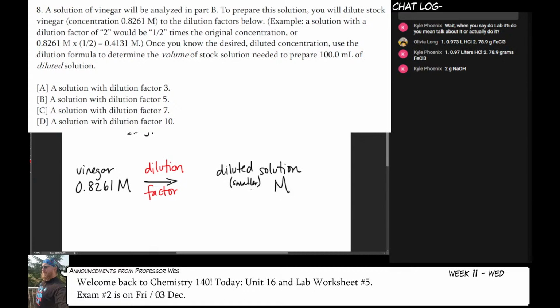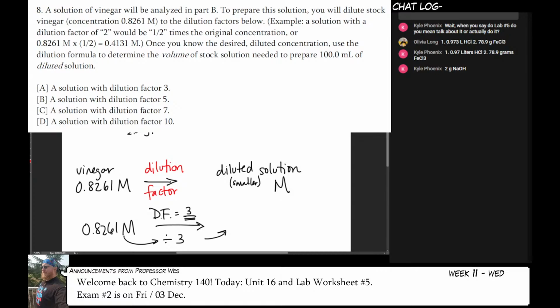So we're going to do 3 as our example. If I have a dilution factor of 3, here's the original concentration. Then what I do is I divide this number by that factor. And that's the number that will be the new concentration that I want to make.